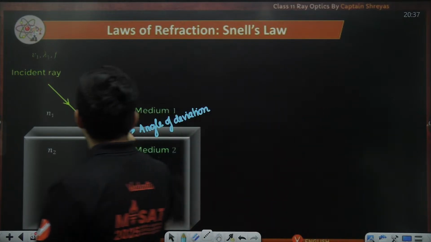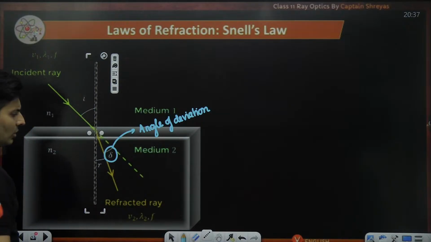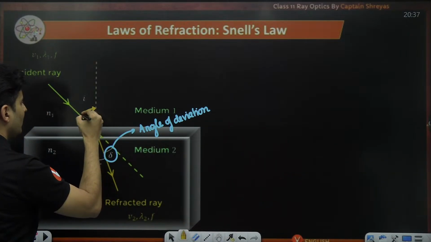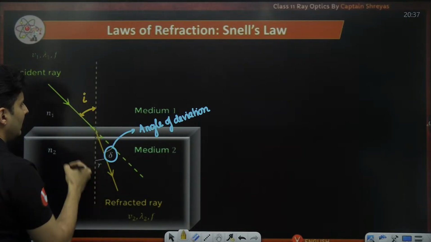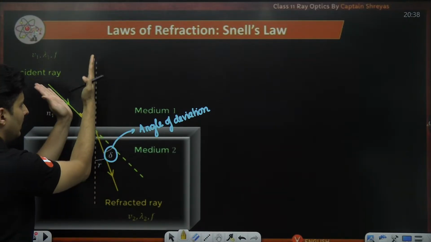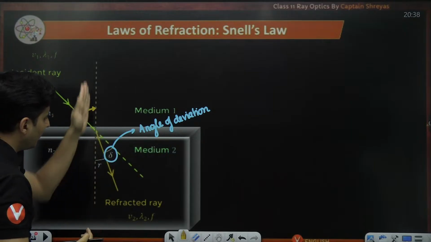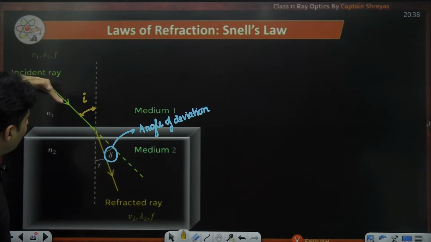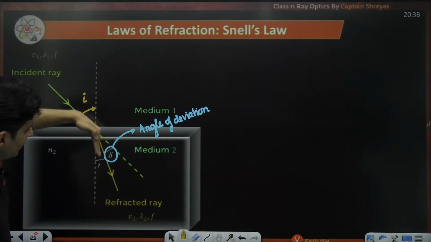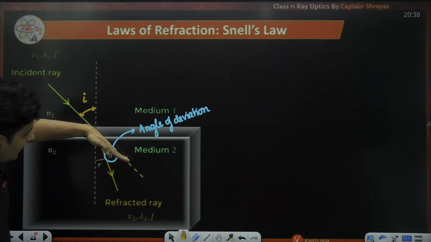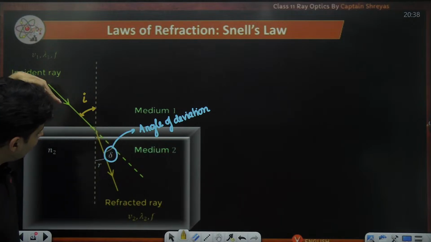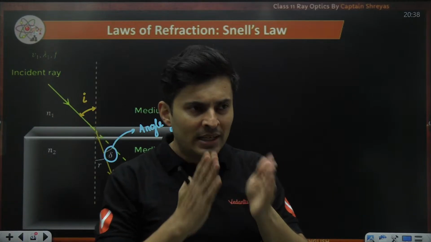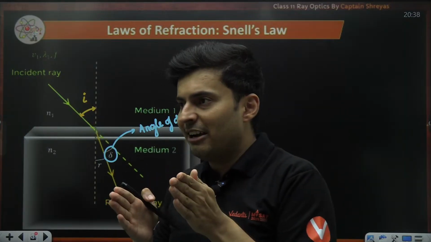First of all, if I again elaborate, this is the normal. See guys, this entire angle from here to here will be the incident angle. So if you take these two lines, the gray dotted line and this line, this is the direction in which the ray was supposed to go, but because it got bent, this difference becomes the angle by which the light got deviated. What is the meaning of deviation? I was going somewhere, I got distracted, I went somewhere.